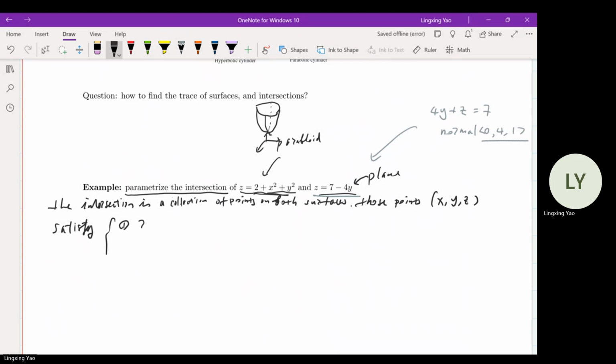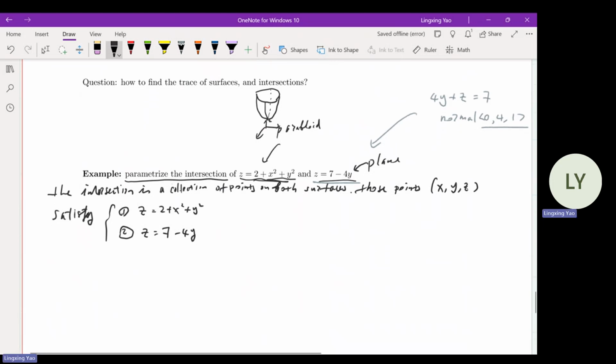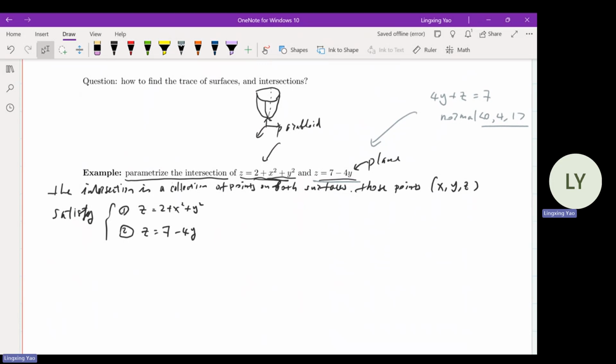Equation 1: z equals 2 plus x squared plus y squared, and the second one is z equals 7 minus 4y. What we see here is that we want to solve for those x, y, z such that both equations are satisfied.